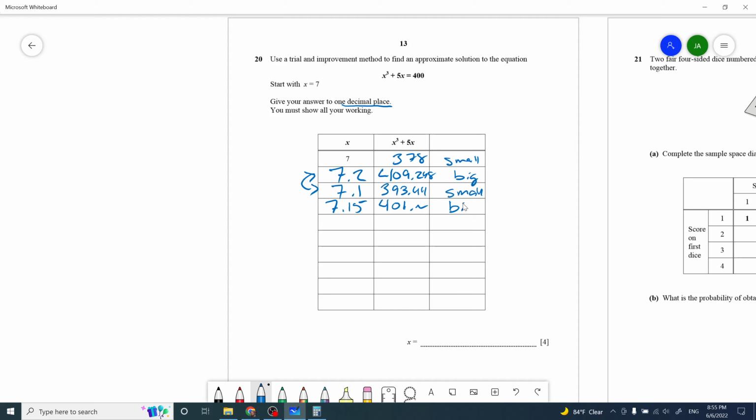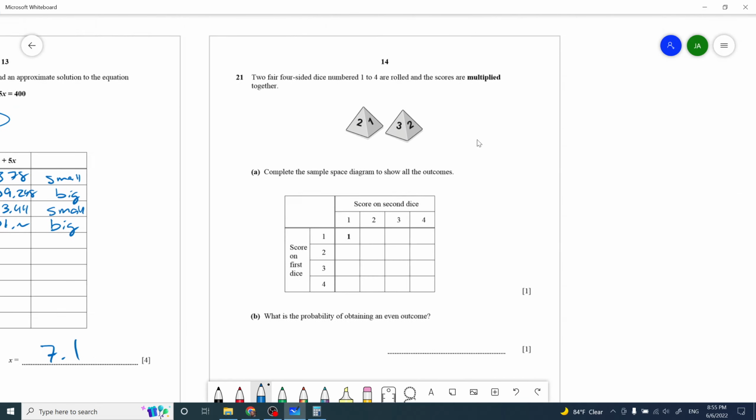Doesn't matter. It's big. So I know that it should be, again, less than this. So even if it's 7.14, even if it's 7.149, I don't know what it is, I know that whatever it is, I'm going to round down to 7.1. So it should be 7.1 rounded to 1 decimal place.